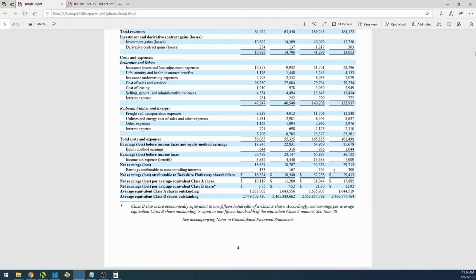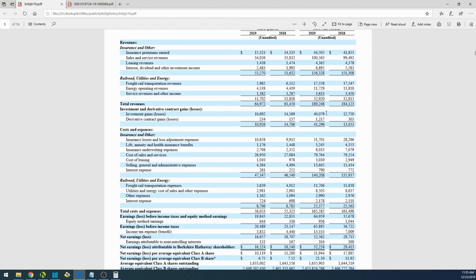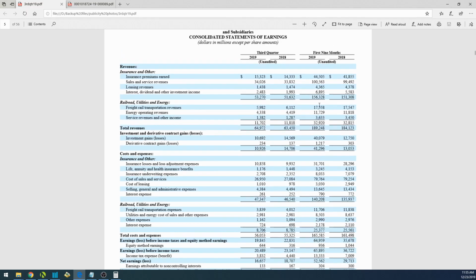When you want to look at the breakdown of how we get to this 52 billion, you can scroll up and see what the total revenue is. Berkshire Hathaway splits its conglomerate into 2 general businesses. One is insurance and other. The other is railroad, utilities, and energy. We can see total revenues of 189 billion for the first 3 quarters of 2019, compared with 184 billion.